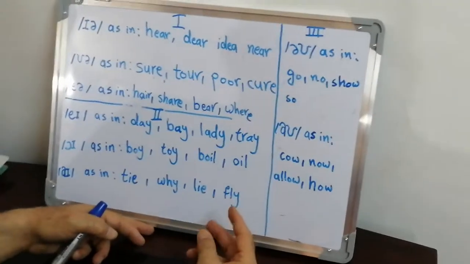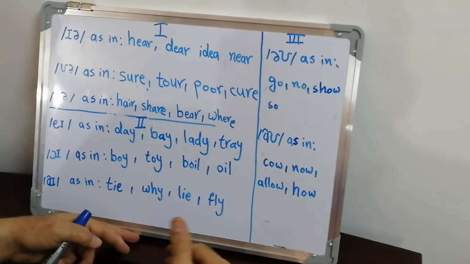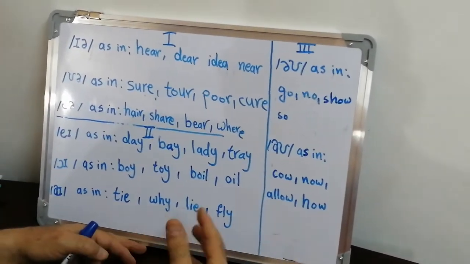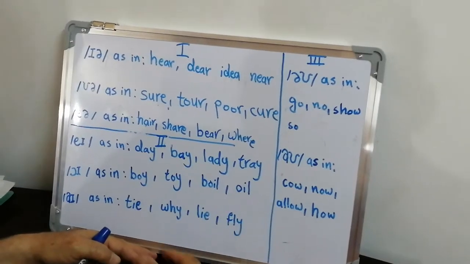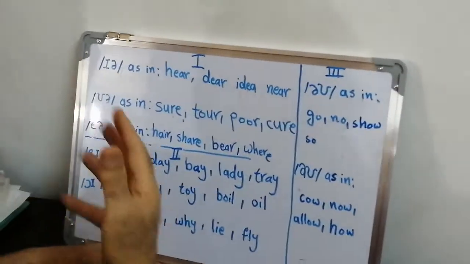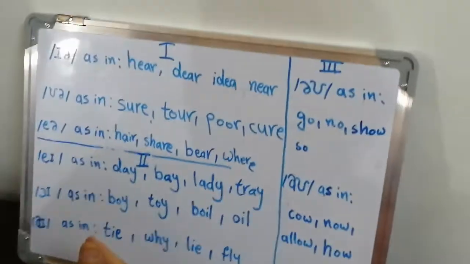Cow, now, allow, how. By now, I feel I have explained them. I don't want to say that they are very clear, but I want you to practice. The more you practice, the more you master these sounds.